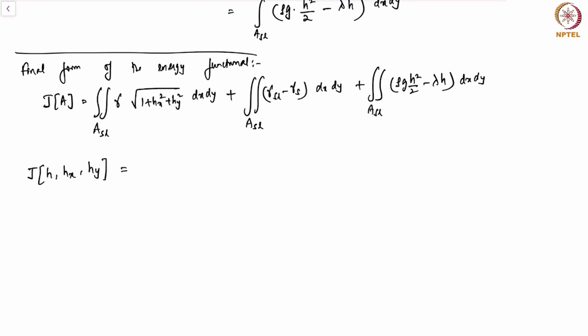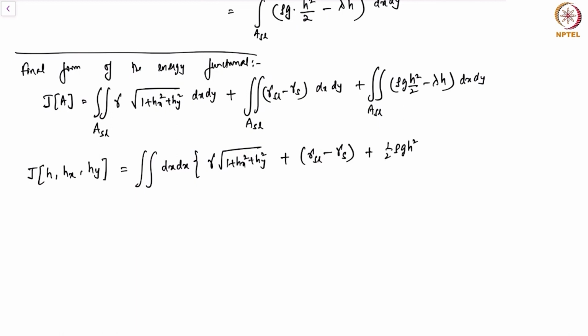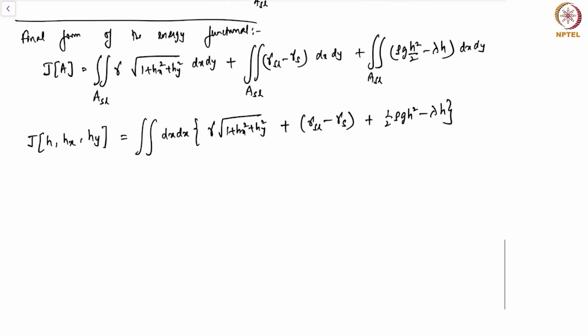This quantity is a double integral dx dy of gamma times the square root of 1 plus hx square plus hy square, plus gamma solid liquid minus gamma solid, plus half rho g h square minus lambda h. This is my final expression for the energy functional.